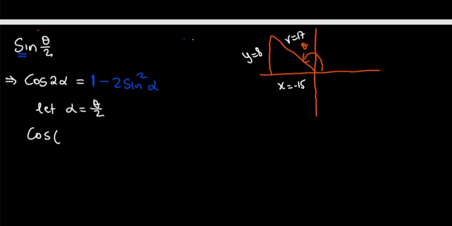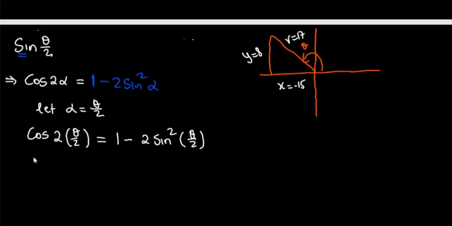This will be the cos of 2, inside the bracket we have theta over 2, close the bracket. This is equal to 1 minus 2 sine squared of theta over 2. So what we did is that where there's alpha, we substitute theta over 2.